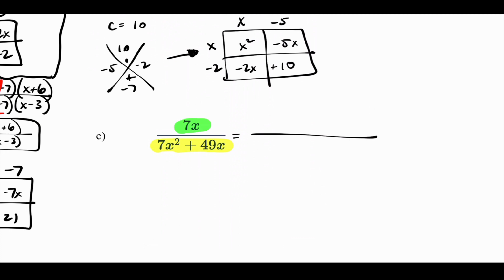But 7 doesn't break down, it's just 7 times 1. So really the top is just 7 times x. The bottom is a binomial, so I can divide both by 7x because of the GCF, and that leaves x plus 7.